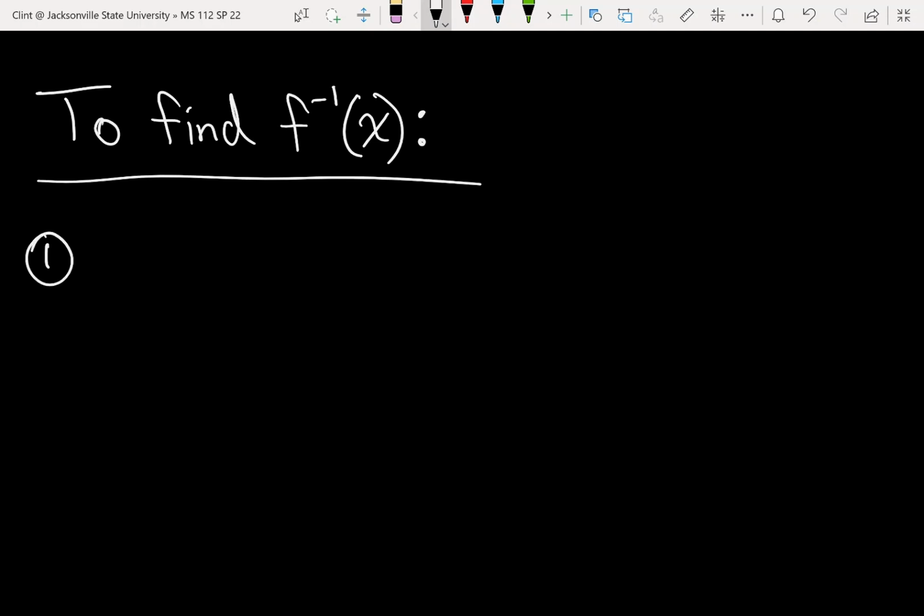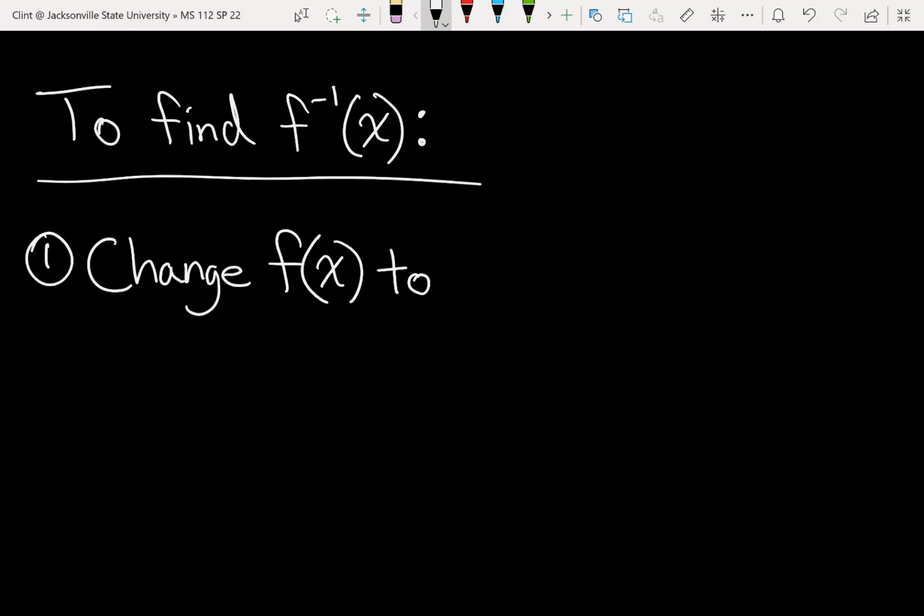Step number 1, and this first step you don't absolutely have to do. It just kind of makes the notation a little less confusing. If it's called f of x or g of x or whatever it's called, I'm going to change f of x here, but it could be g of x, h of x, whatever the name of the function is.